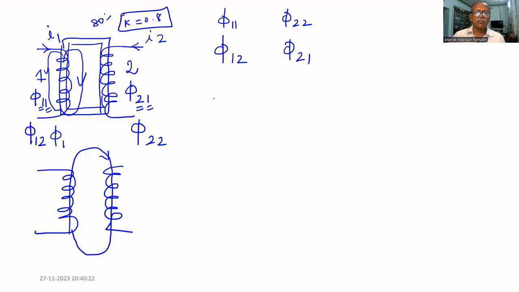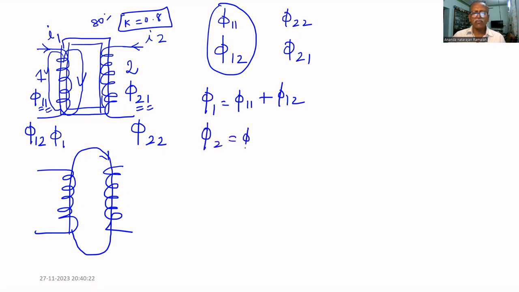Now, what is the total flux in the first coil? Total flux phi 1 in the first coil is phi 1,1 plus phi 1,2. Similarly, the total flux in the second coil is phi 2,2 plus phi 2,1.